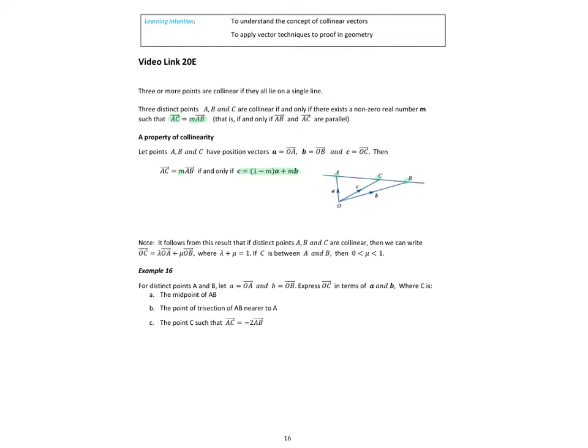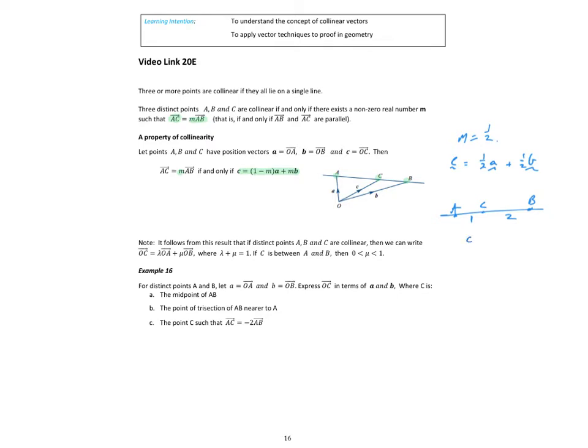But vector C is 1 minus the ratio. So for example, if m was equal to, say it was the midpoint, well then vector C is just equal to 1 minus a half, which is a half A plus a half B. Say that's 1 to 2, so it's a third of the way.